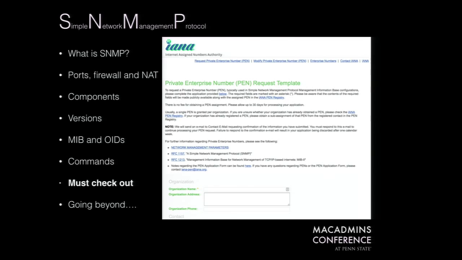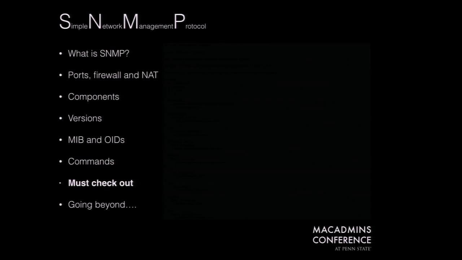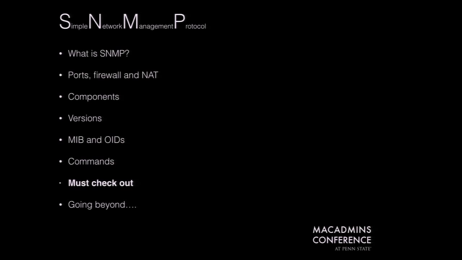If you want to properly do custom extensions to the tree, there is a nice organization here that, if you fill out the form, it's free, will assign you a number, a PEN, private enterprise number, where inside of the tree, there's a branch that's going to be just for you, only for you. So anything that you attach or the way you want to manage it, it ensures that it will never conflict with any other vendors, okay? And every vendor has one.